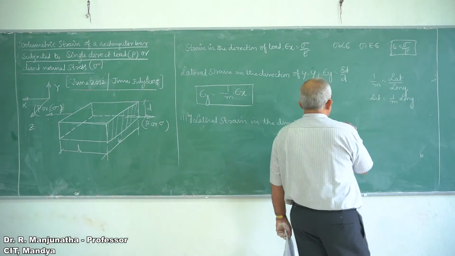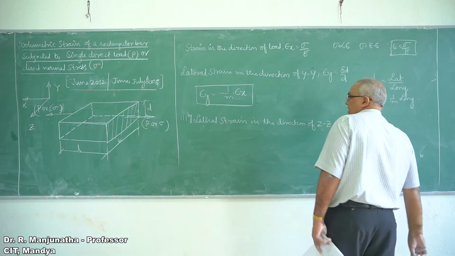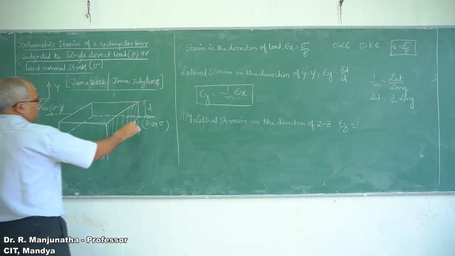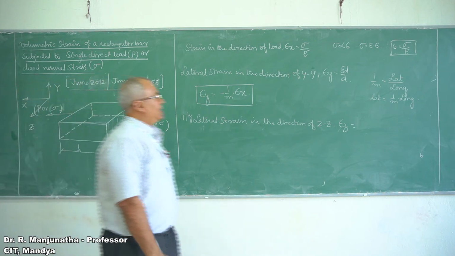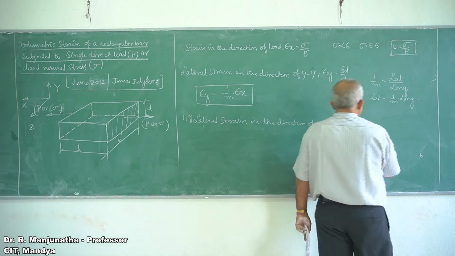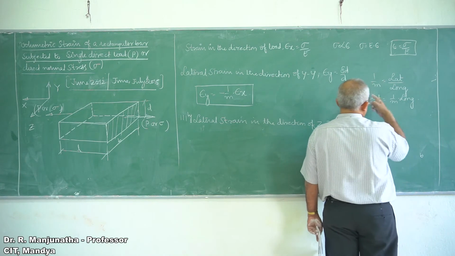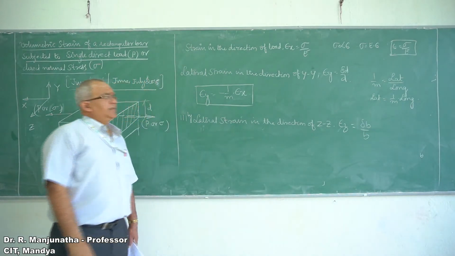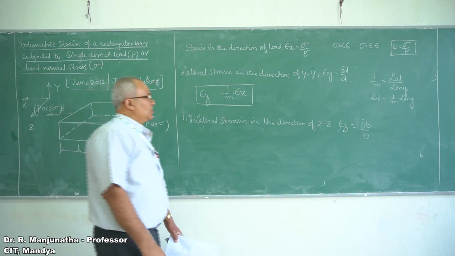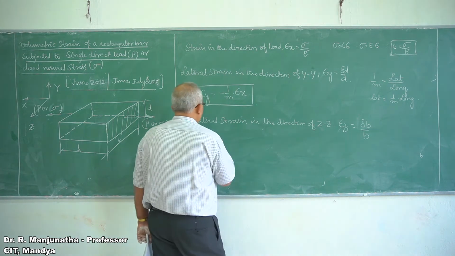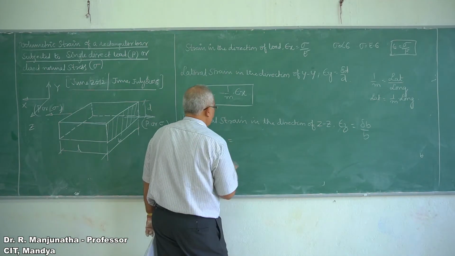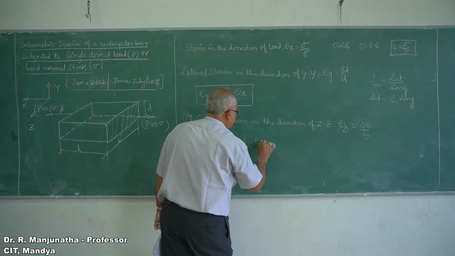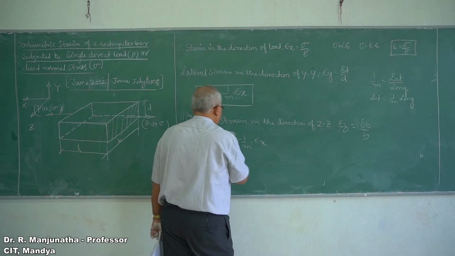Epsilon z will be equal to, what is that? Z direction, that is we are talking about this direction, which is parallel to B, which will be delta B by B. Again the same explanation, 1 by m into epsilon lateral by the longitudinal. Since there is a decrease in width, naturally it should be negative. Therefore epsilon z will be equal to minus 1 by m into longitudinal. Longitudinal is epsilon x, so you are going to get minus 1 by m epsilon x.